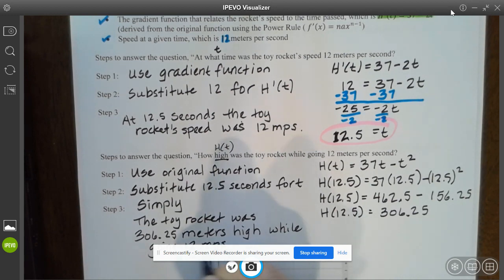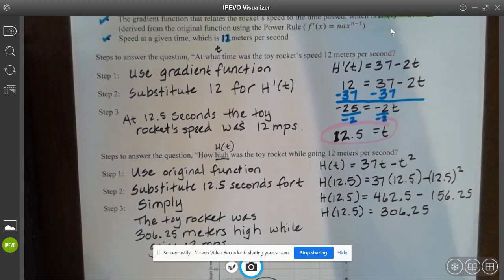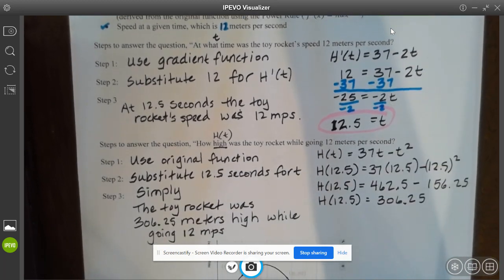And that's using a word problem, that is how you can use the gradient function. If we already know the speed, then we can use a gradient function to back into the ordered pair that is represented by that speed.